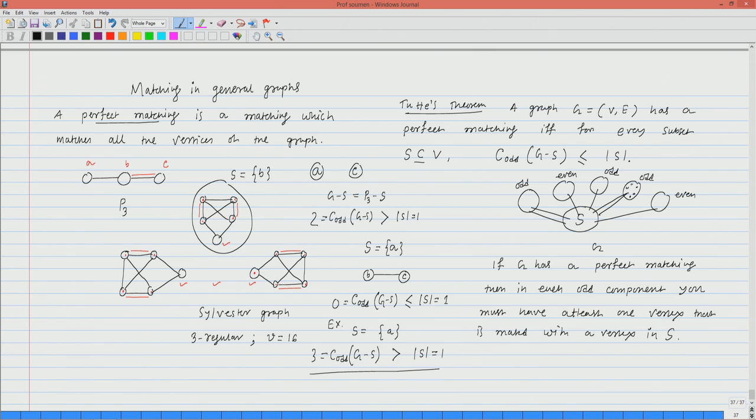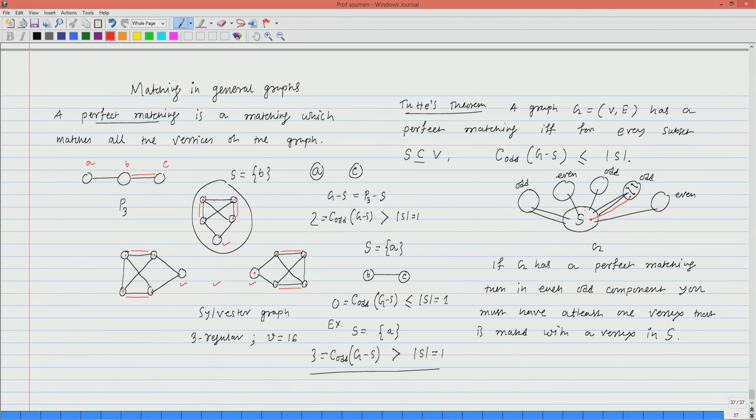Now, suppose it has 5 vertices. These 4 vertices can be matched using the edges inside this component. Now, one vertex will be left out, and that vertex must be matched with a vertex in S.